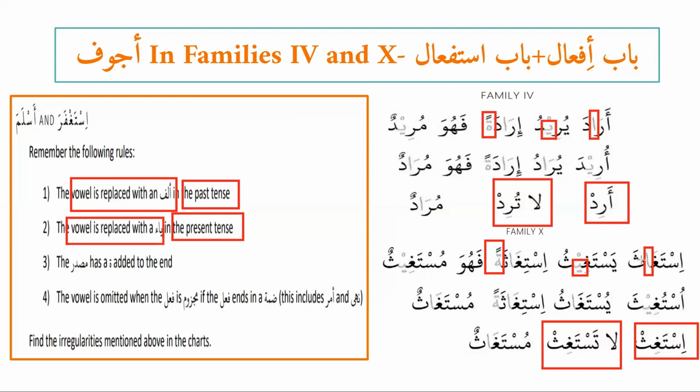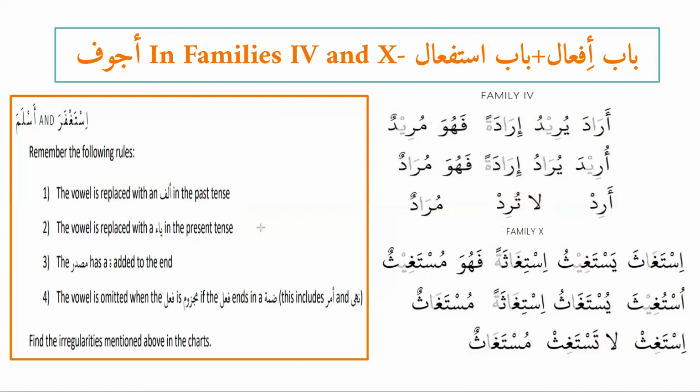So huwa, hiya, anta, ana, and nahnu, in these 5 sighat, you have the vowel dropped in majzoom form. Okay. So this is the summary of family 4 and family 10 changes with ajwaf irregularity. I hope you understood this.